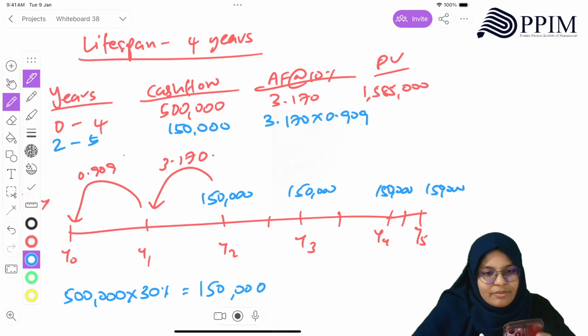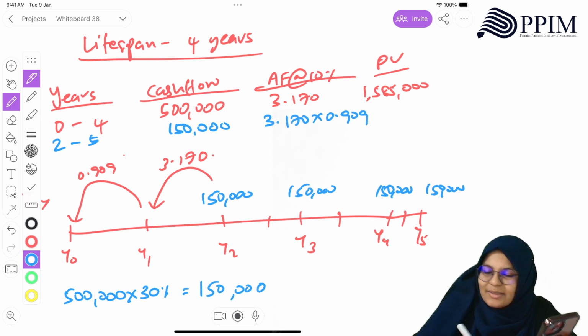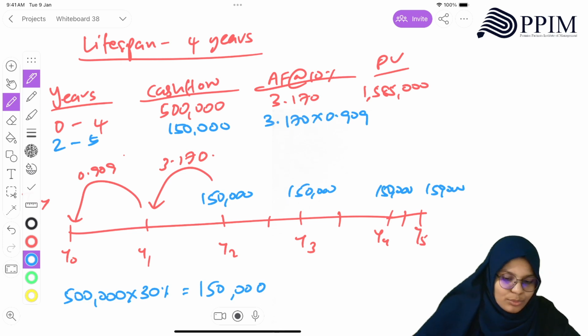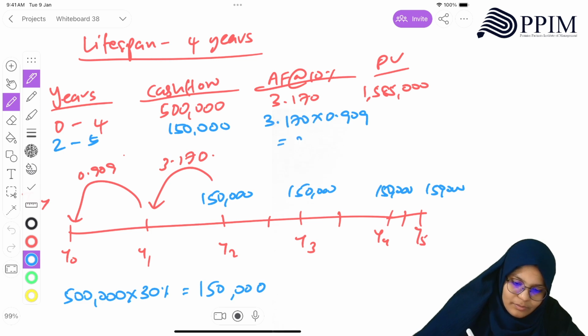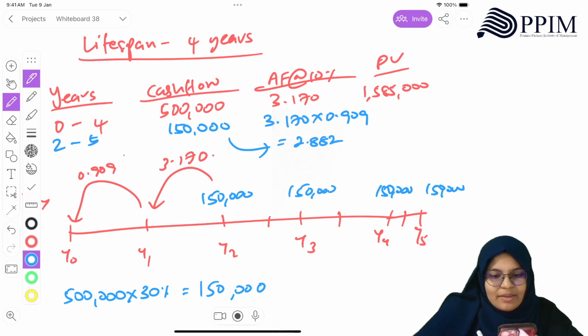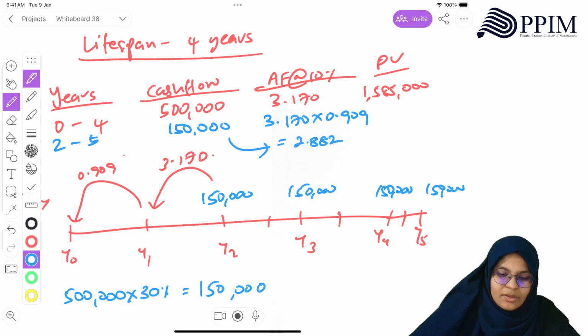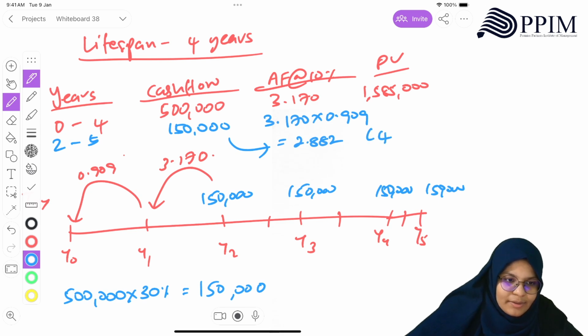Okay, so that should give me, I can do the multiplication and give the answer and then do the present value. Okay, so 3.17 into 0.909, that will be 2.882. So now the 150,000 I will multiply it by that. And that will be 432,300.